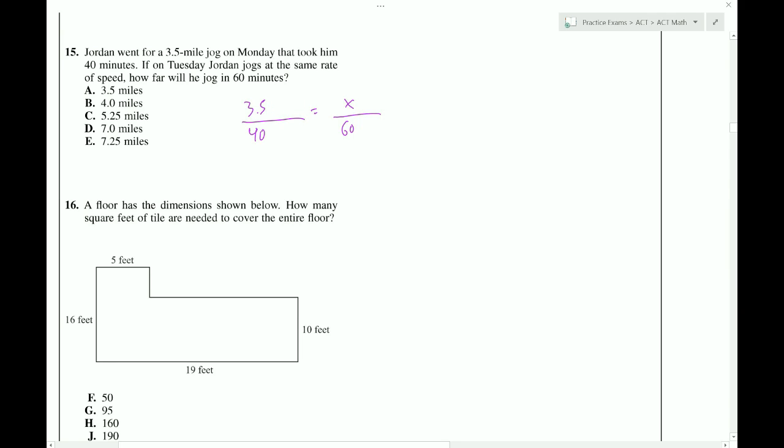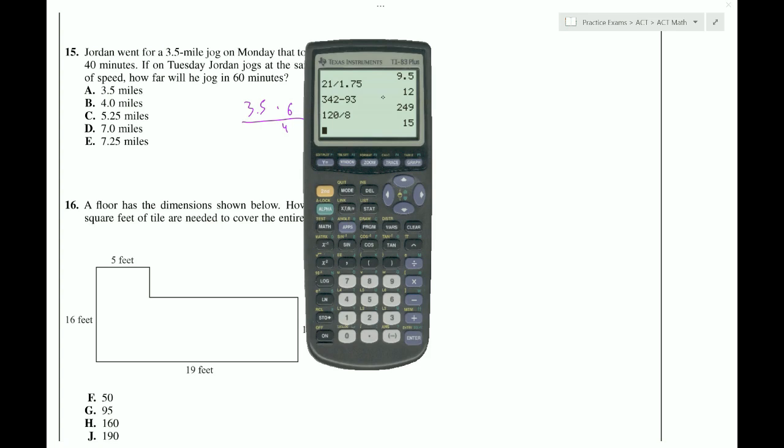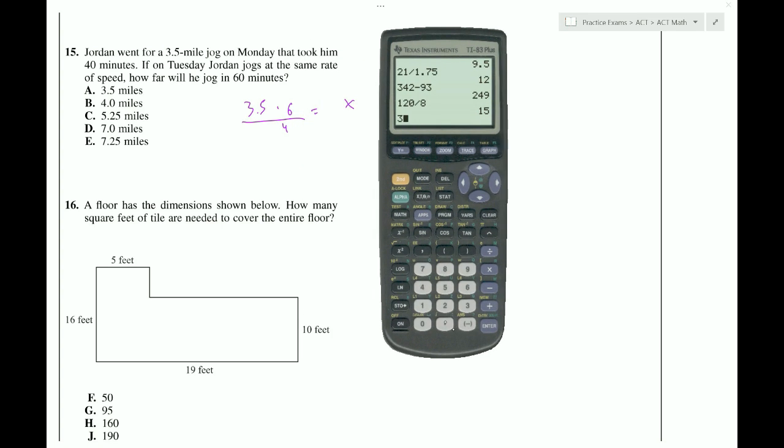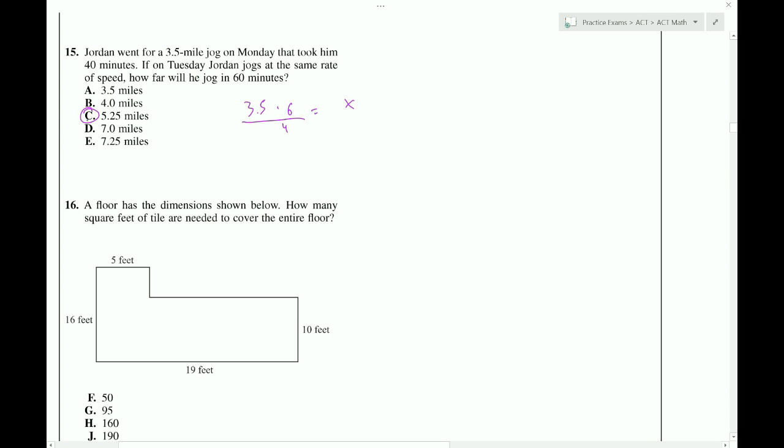And then we can solve for x. So we move the 60 over to here. And then 60 over 40 just becomes 6 over 4. Well, let's just use the calculator to be lazy about it. So 3.5 times 6, divide that by 4. And you get 5.25.